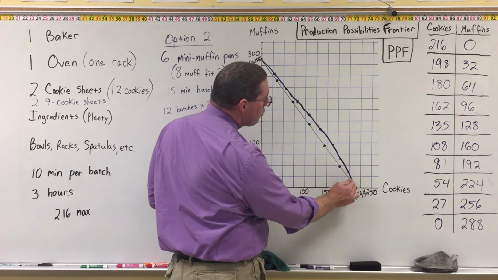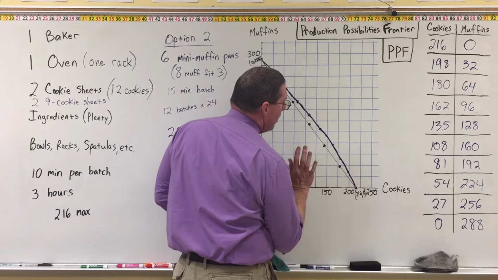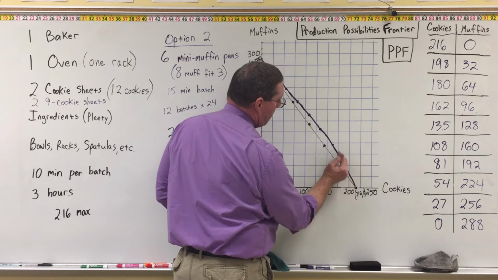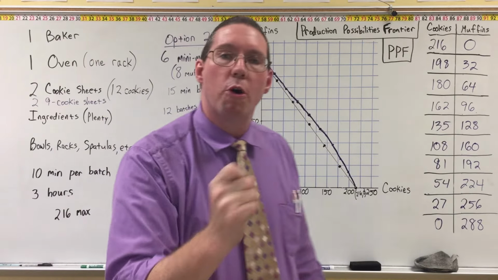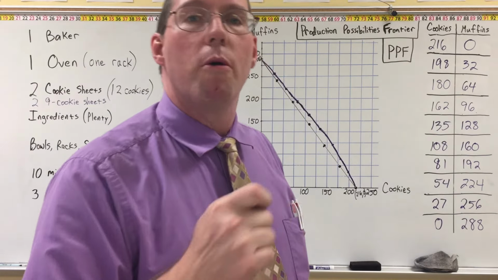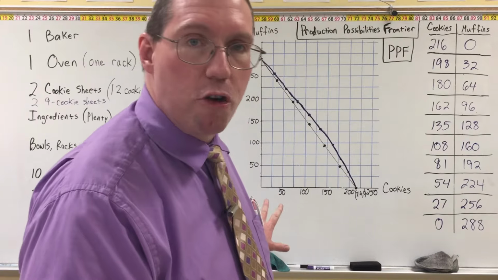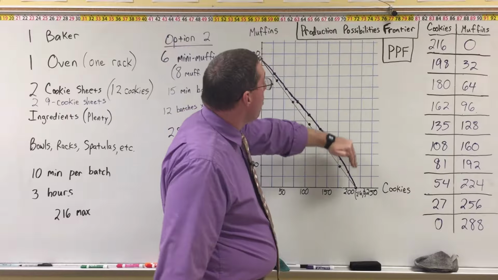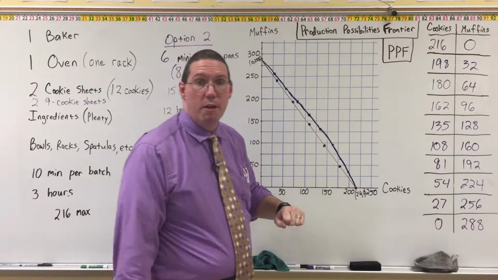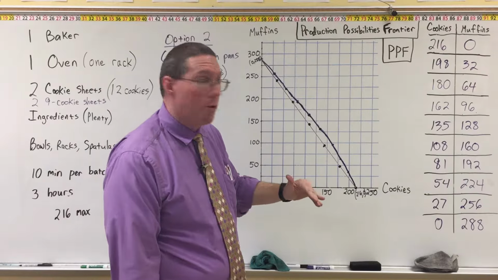But in between those 2 points, it bends outward and gives us the possibility for a few more cookies and a few more muffins given the same circumstances. And that bowed line here is what we call the production possibilities frontier, or the PPF.